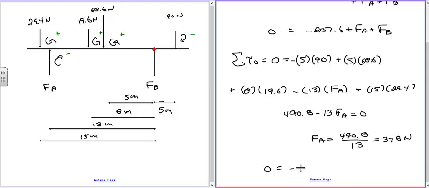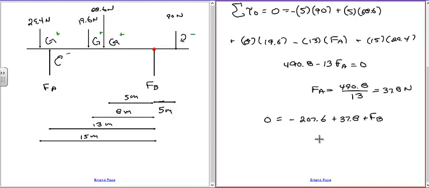So you'd have 0 equals negative 207.6 plus 37.8 plus F sub B. So if you take 37.8, subtract 207.6, and solve for F sub B, this will be negative 170. But when it goes to the other side, it becomes positive 170.